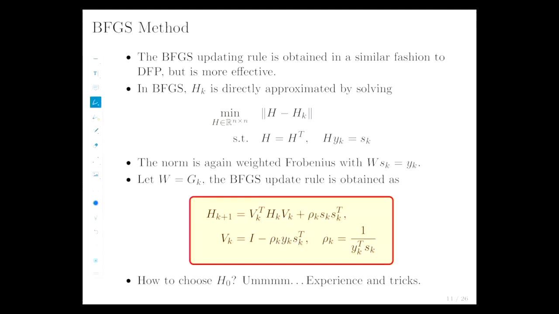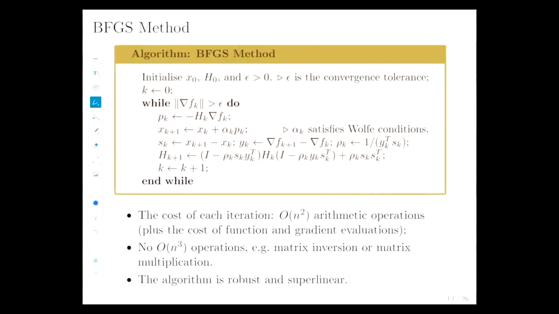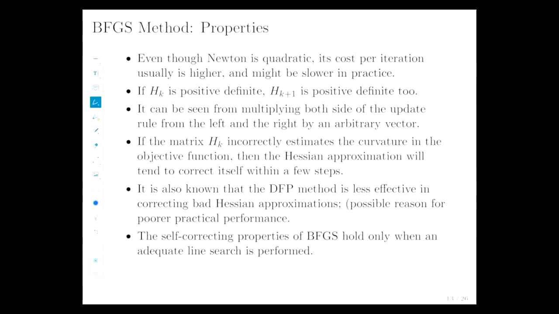I mean, there are different ways. If I hit it from the left and the right, you can show that the spectrum remains positive. So the iterations remain positive. We always end up with positive definite estimates if we initialize it as a positive definite matrix. If you multiply both sides by some arbitrary vector, you'll see it.